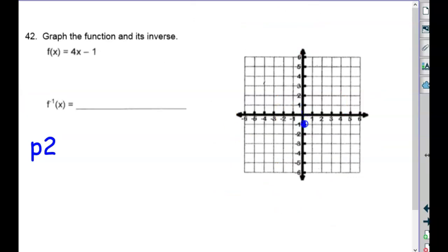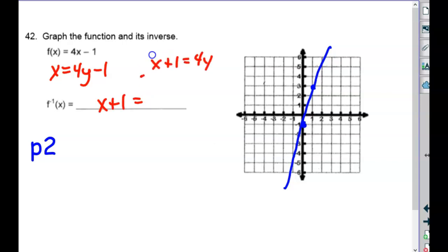This one I would start down at -1, graph up 4 and over 1. The inverse would be x equals 4y minus 1 if I add 1 over there. Divide everything by 4. I'd have 1/4 x plus 1/4.